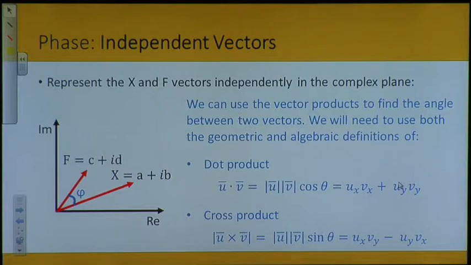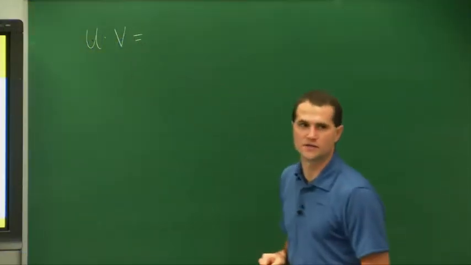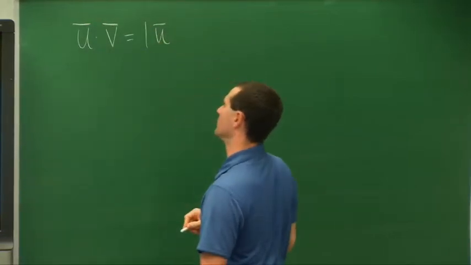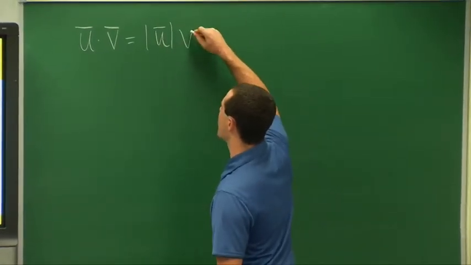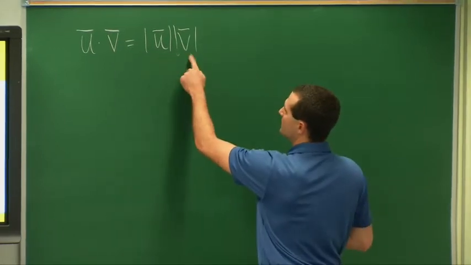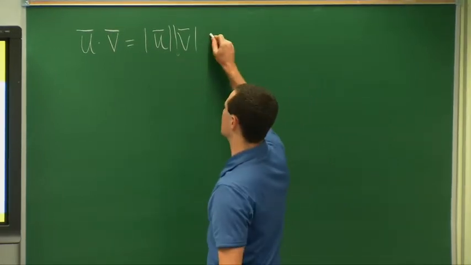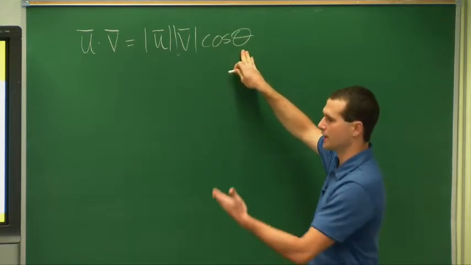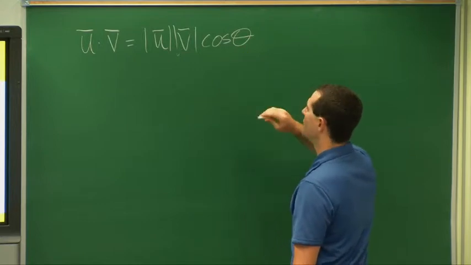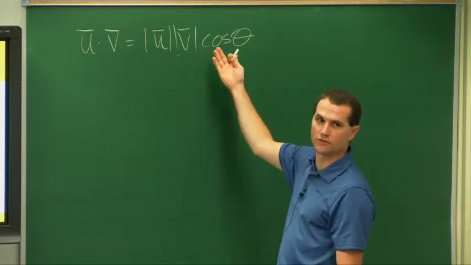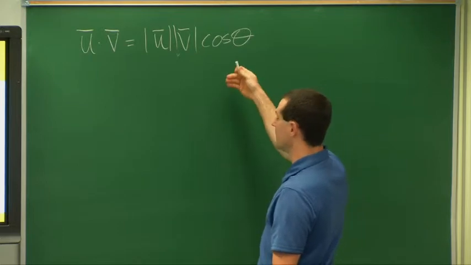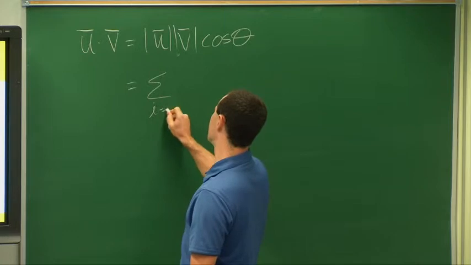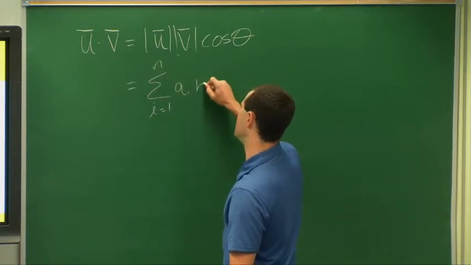We have u dot v, and I use bars over them to show that they're vectors. This is the magnitude of u, the magnitude of v, times the cosine of the angle between them. Here I just called it theta. In our system, it will be phi. This is the geometric interpretation of what a dot product is. The algebraic definition is actually the sum from i equals 1 to n of a_i b_i.